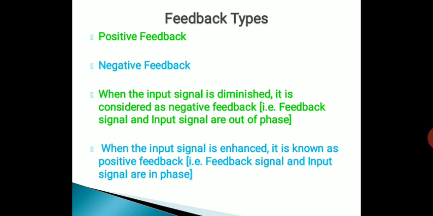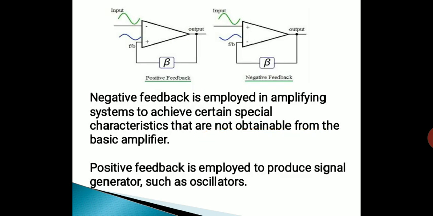Both positive and negative feedback are explained here with the help of a diagram. Here beta indicates what fraction of output energy we have taken and given to the input.